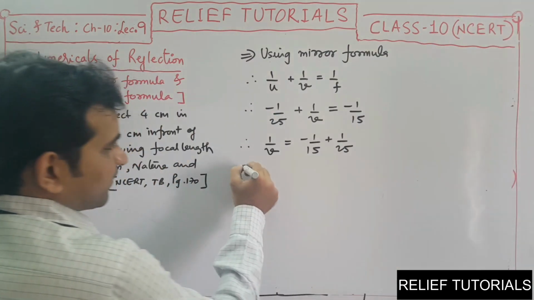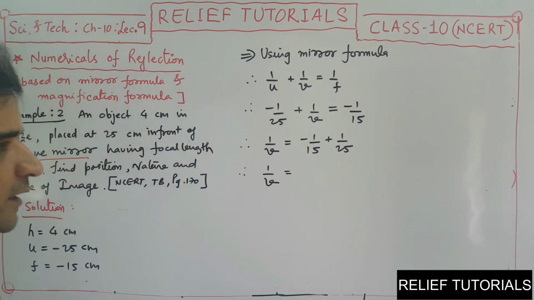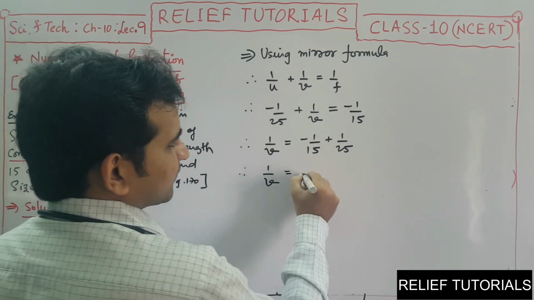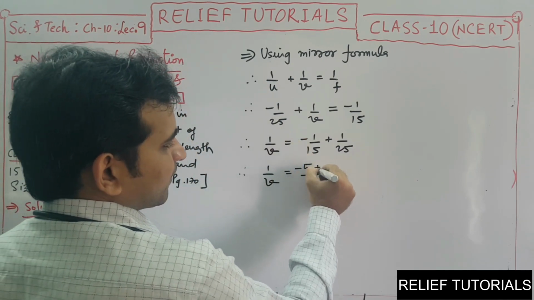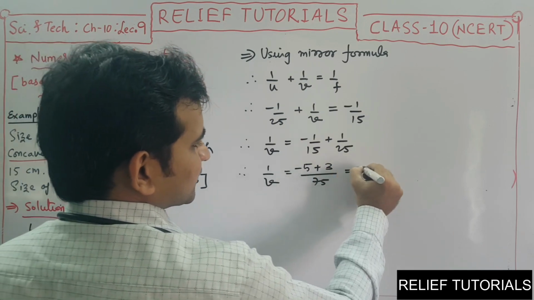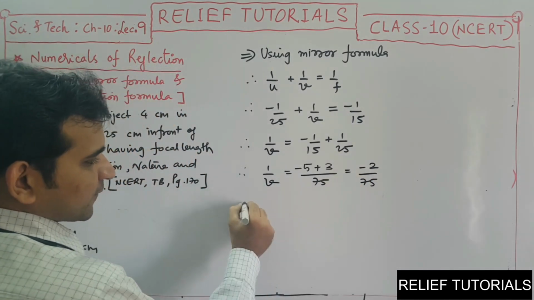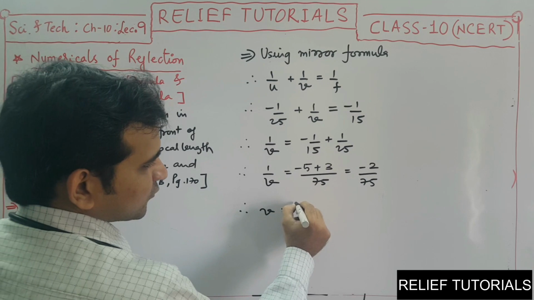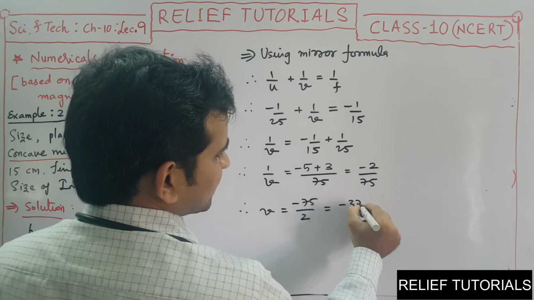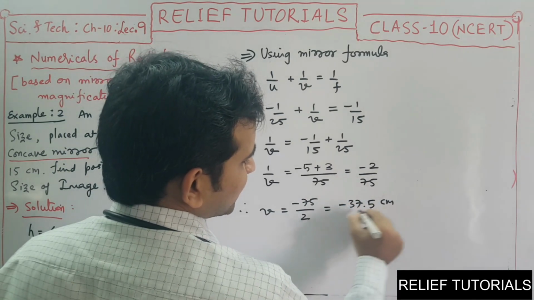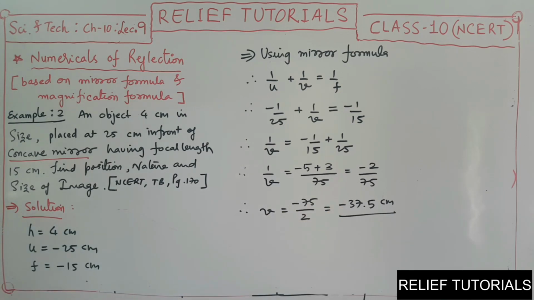Now solve this. 1 by v is equal to, the LCM of 25 and 15 will be 75. So 15 fives are 75, so it is minus 5 plus 3. Minus 5 plus 3 means minus 2 by 75. Take the reciprocal, so v is equal to minus 75 by 2, which is minus 37.5 centimeter. So v is minus 37.5 centimeter.